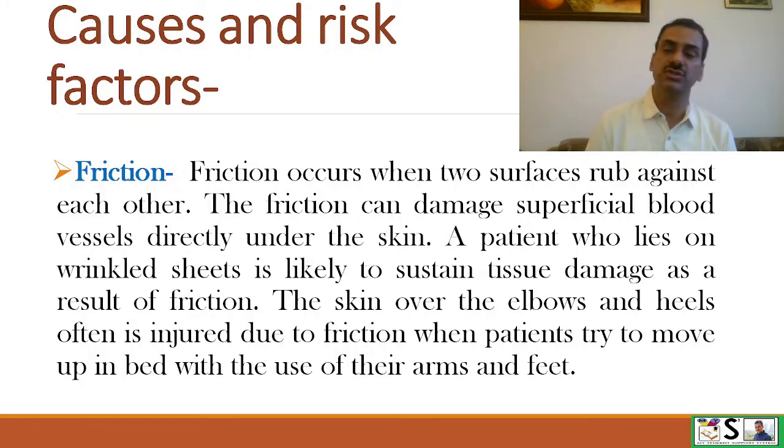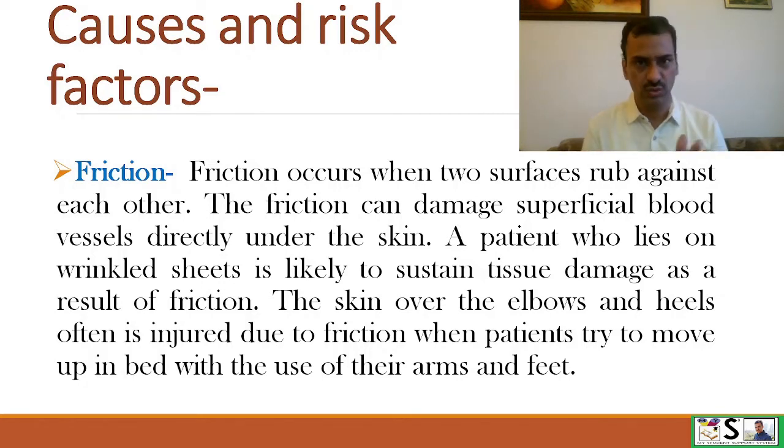The patient who lies on a wrinkled sheet is likely to sustain friction damage. The skin over the elbows and heels, which are pressure points, is often injured due to friction when the patient tries to move up on the bed using knees, heels and elbows.